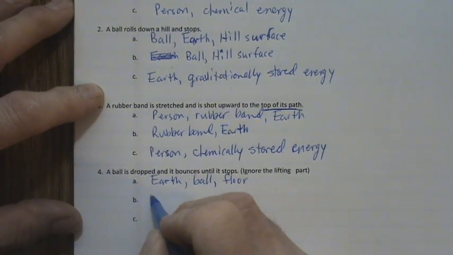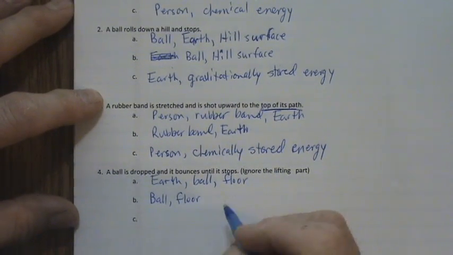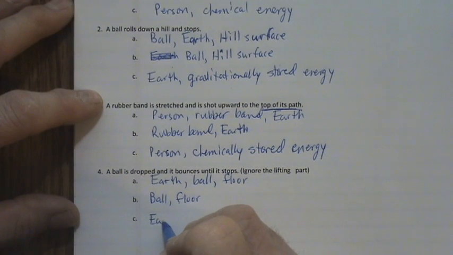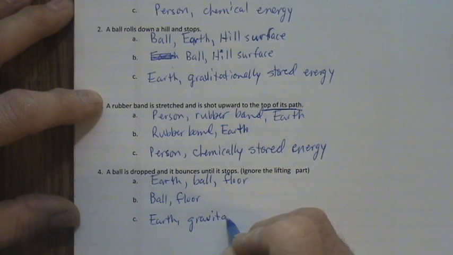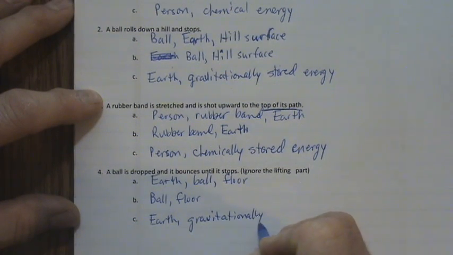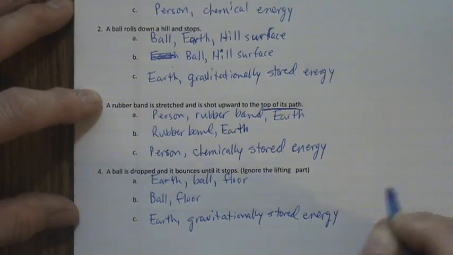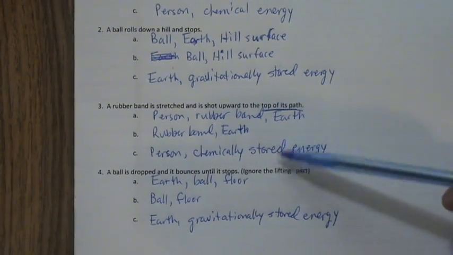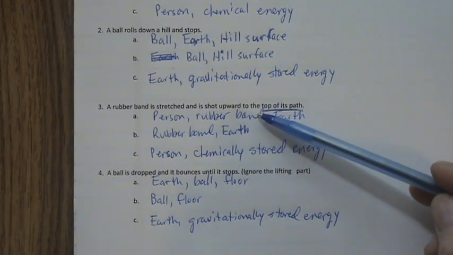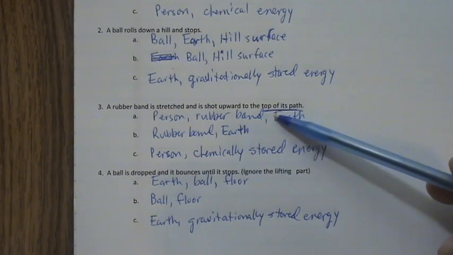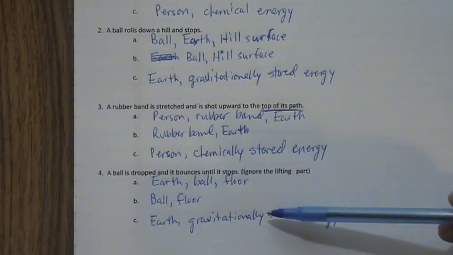So once again, I could just leave the ball and the floor as the system, and if I do that, there's definitely energy interchange going on between those, but the earth would be the thing giving the initial gravitationally stored energy. So for all of these examples, if we choose the system broad enough, we can make sure that we include all of the energy within those objects for the entire interaction that's going on.